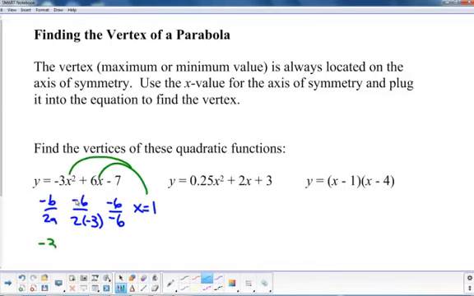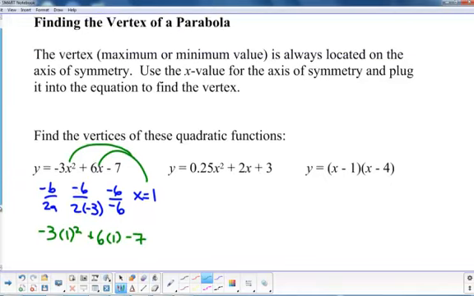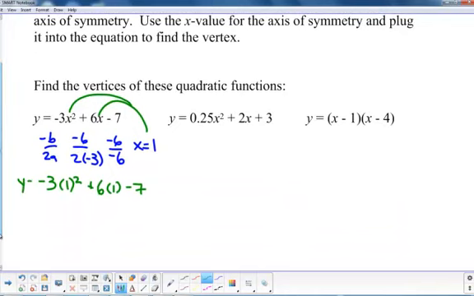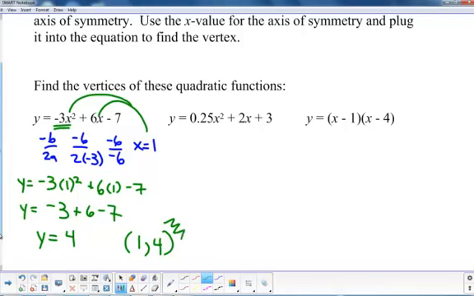So we have negative 3 times 1 squared plus 6 times 1 minus 7. So we have negative 3 plus 6 minus 7. So y would equal 4. So our ordered pair vertex is 1, 4. And because we have a negative x squared, we know this has to be a maximum point.